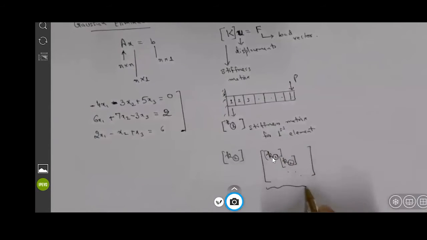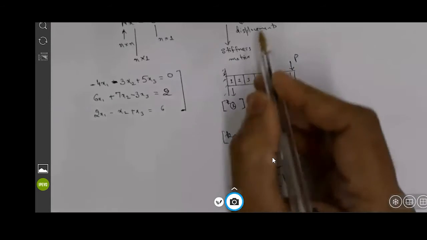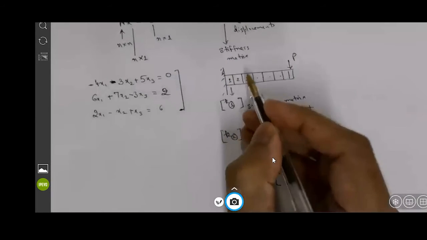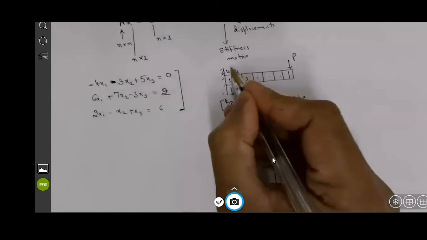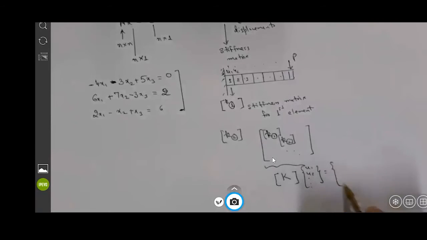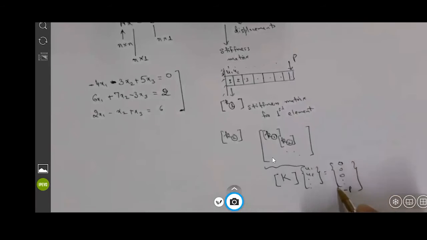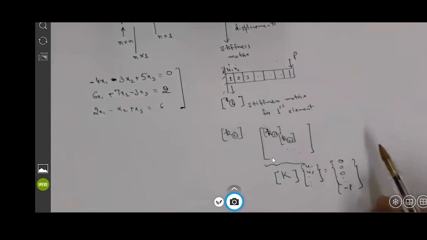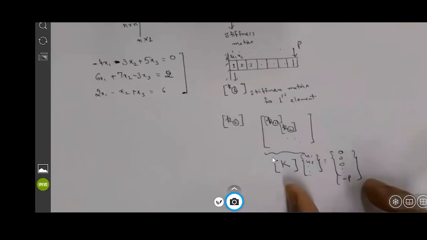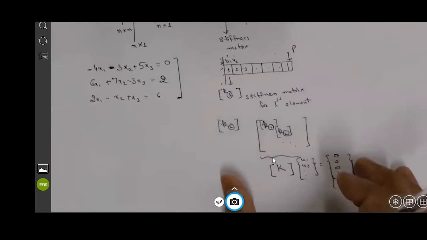The u's are the displacements of each element: u1, u2, and so on. Then you have force vectors, which are 0, 0, 0 until you apply a load minus P at the end, on the last element. That is the system you actually get in physical applications, and this is just for mechanical.